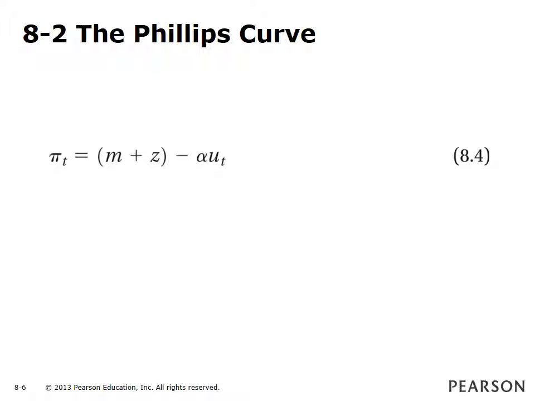Equation 8.4 shows the negative relation between inflation and unemployment. The basic mechanism at work was the wage price spiral: low unemployment leading to higher nominal wages, leading to higher prices, leading to workers asking for higher nominal wages, and so on.